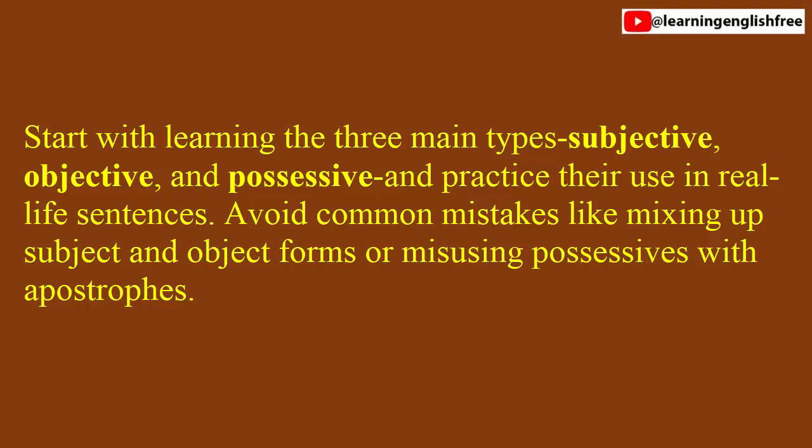Start with learning the three main types: subjective, objective, and possessive, and practice their use in real-life sentences. Avoid common mistakes like mixing up subject and object forms or misusing possessives with apostrophes.